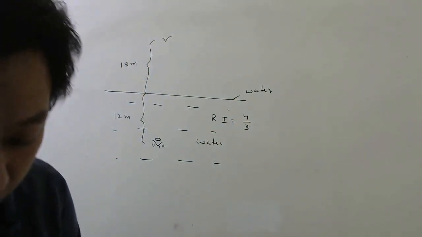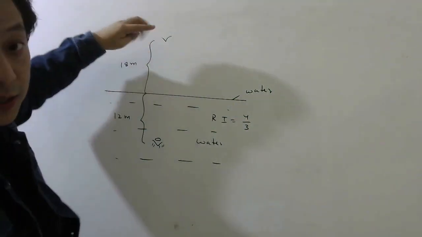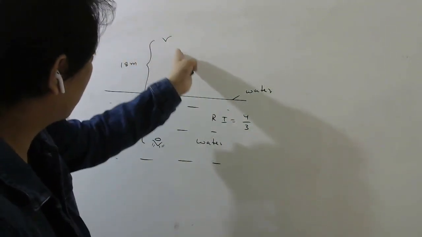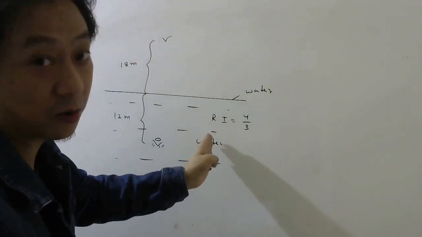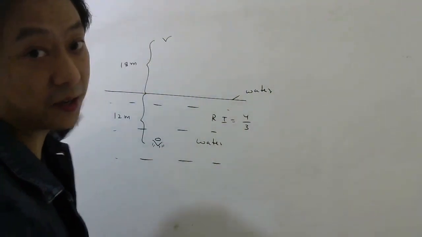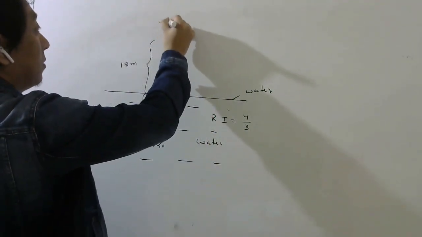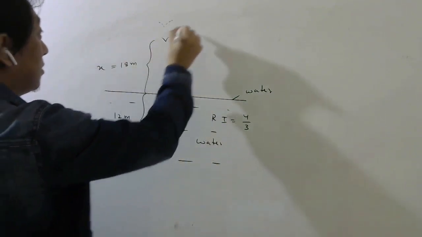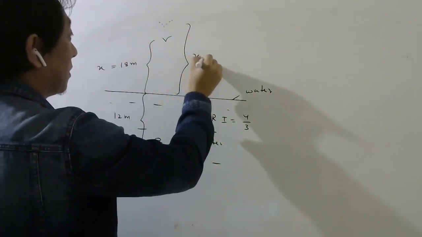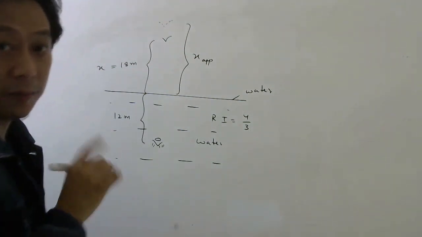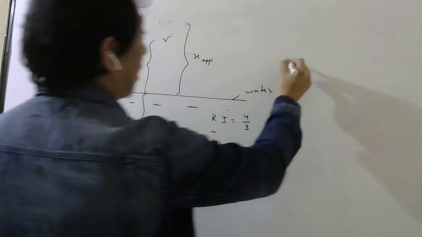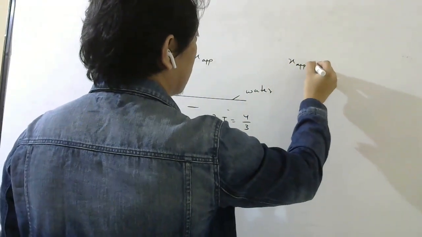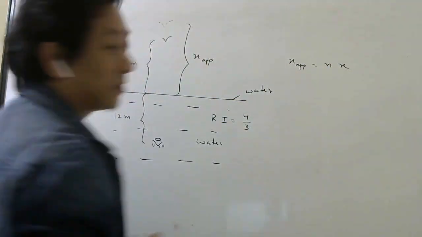Now this time you can see the object is in rarer medium. So when light will come like this, it will bend towards the normal. So image will be behind. So this is where the image will be. This is your real distance x. This is your apparent distance. And now apparent distance is more, remember. So your apparent distance will be n times real distance.